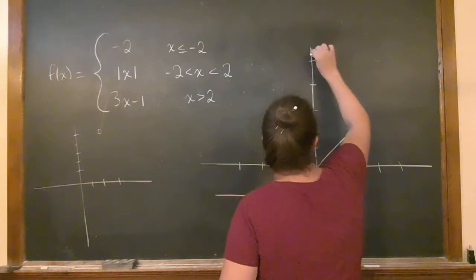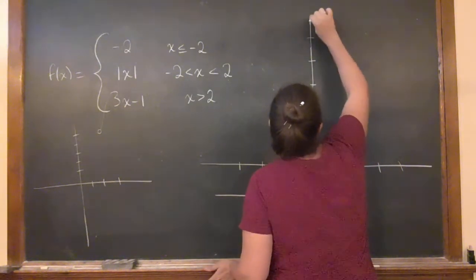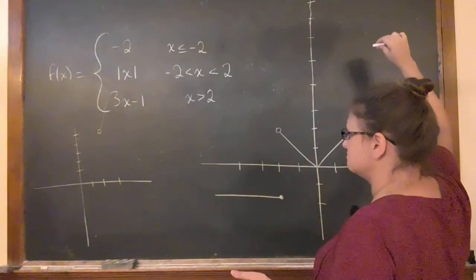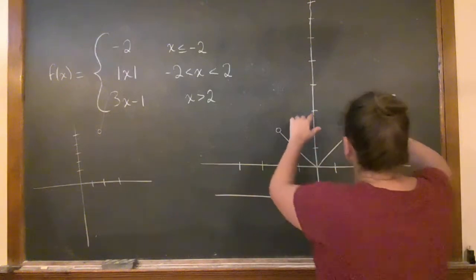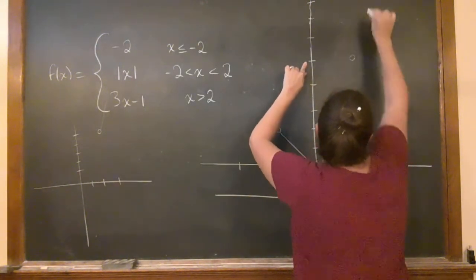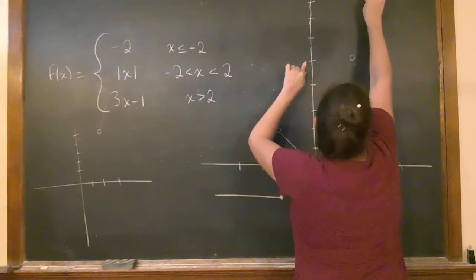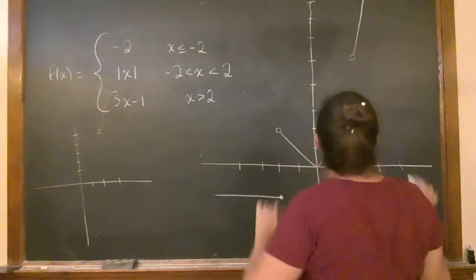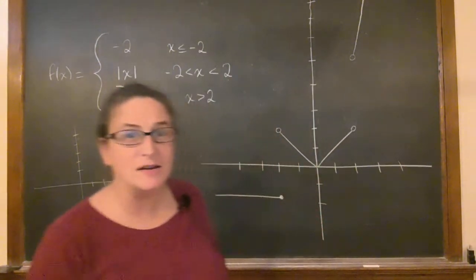I didn't make my graph big enough. 1, 2, 3, 4, 5. And then at 3 it's going to be 8. So that's going to continue on. Okay. Out of the picture.